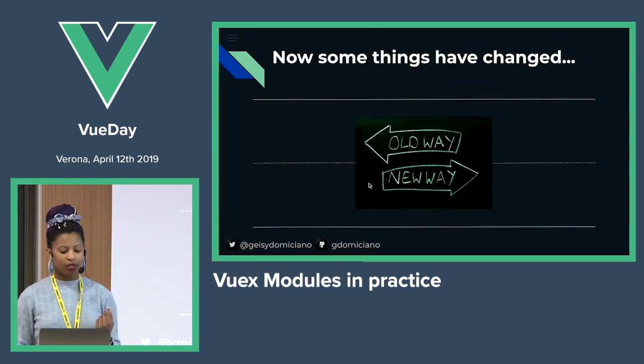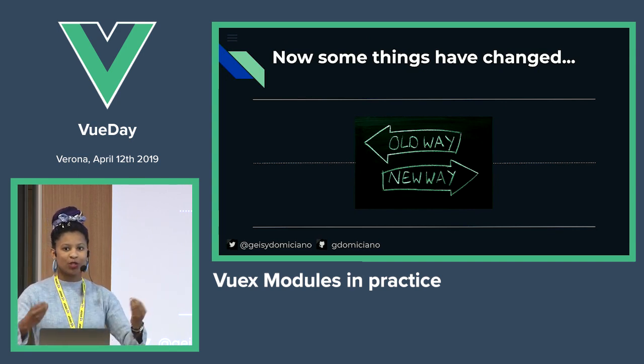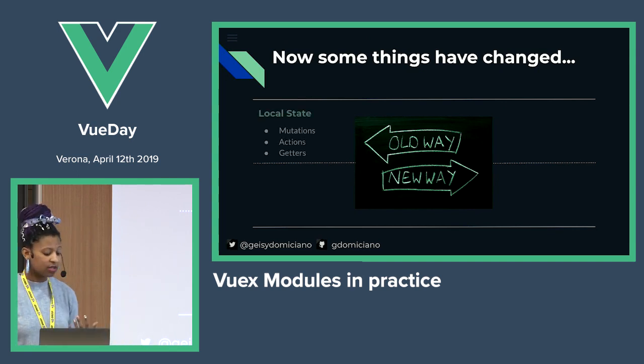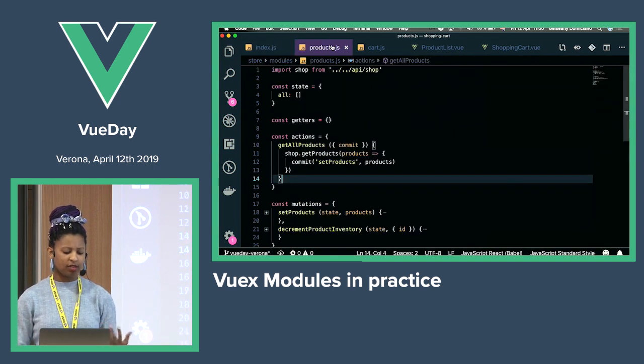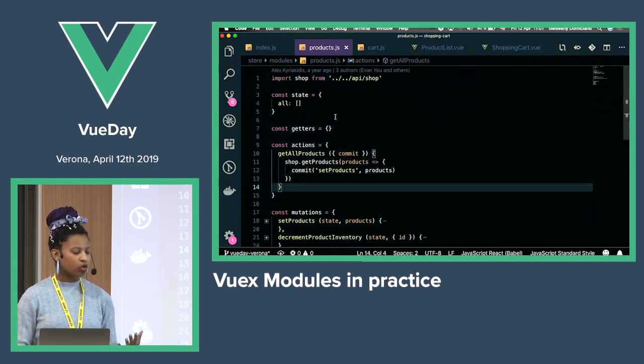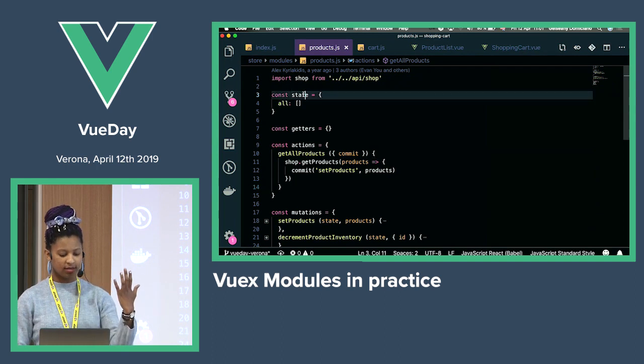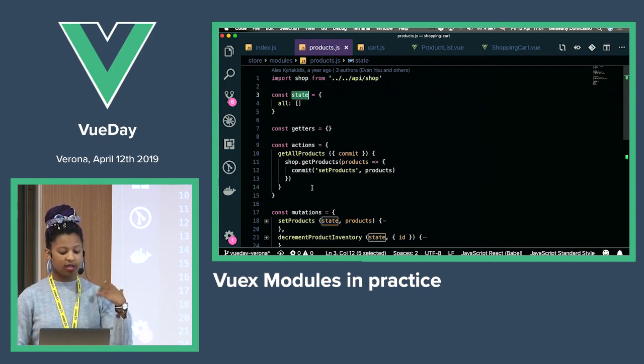And then more things need to change so you can have the proper implementation and get the best from modules. So the first thing that you're going to have is local state. What is the local state? It is the fact that now every module will have its own state, getters, actions, mutations.